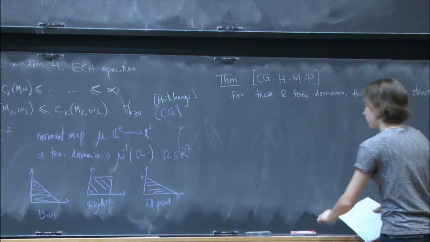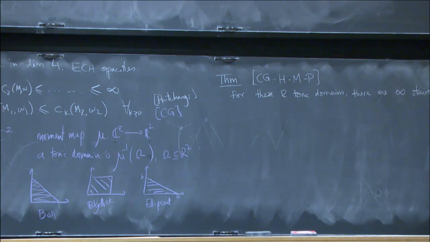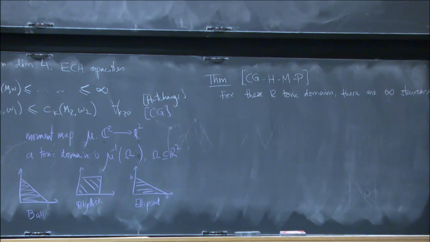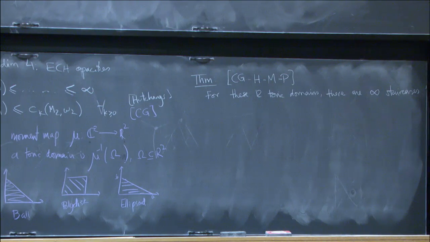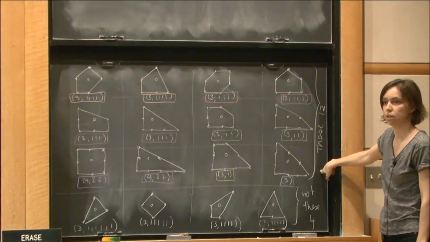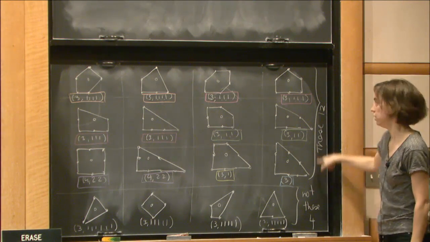So I guess I should say what these 12 toric domains are. Also scalings of them and rotations and things like that. Right, so here they are. So it's these 12, not these 4, these 12.